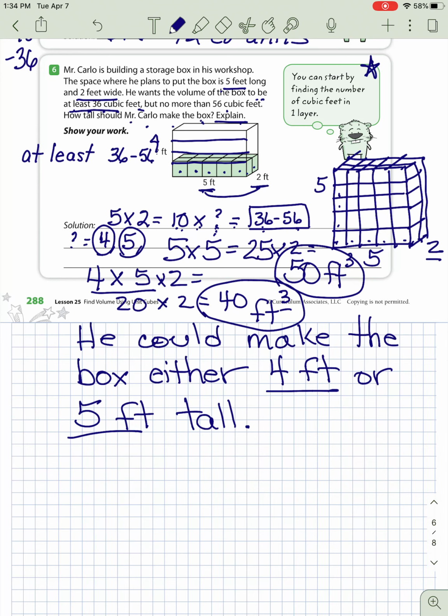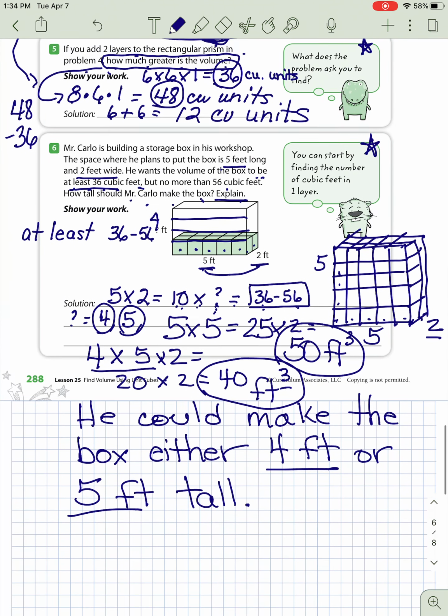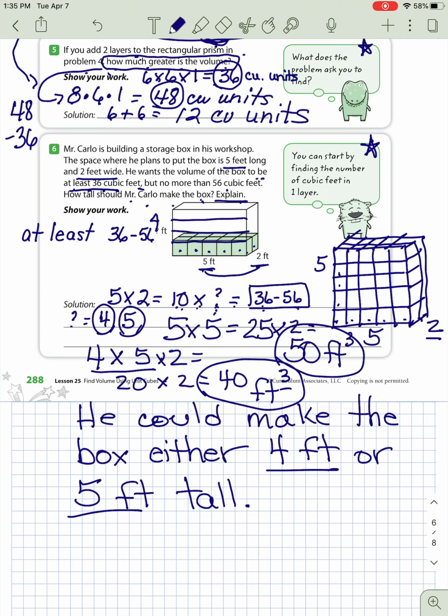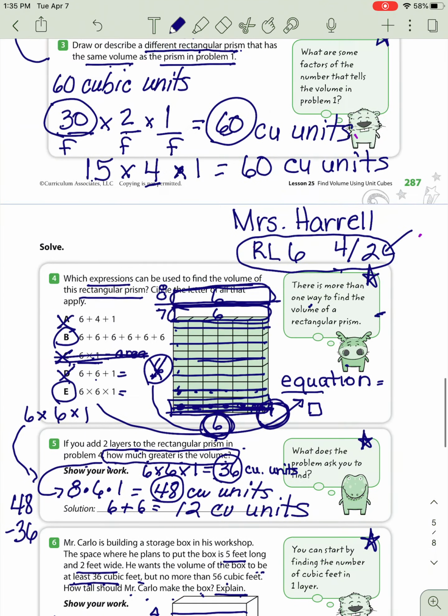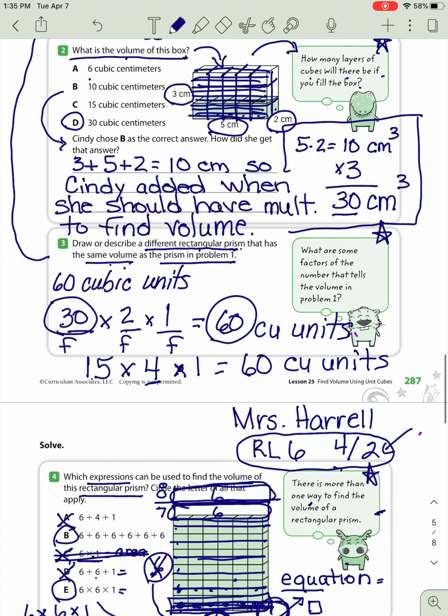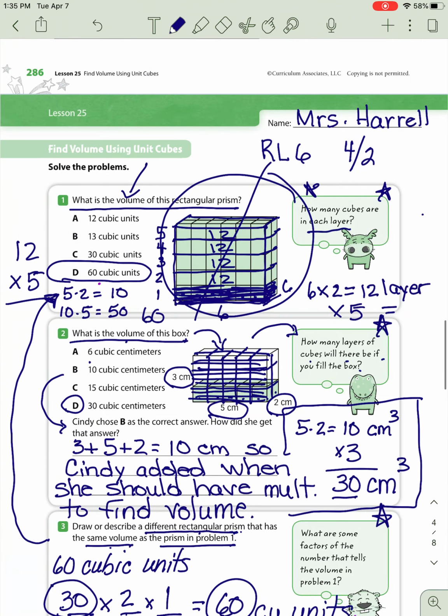And here, I've already got all the work done. Okay? So again, understanding the big things that we've got to understand. Volume is 3D. It's filling in the space. Okay? What a rectangular prism is. Here's a rectangular prism, rectangular prism, rectangular prism.